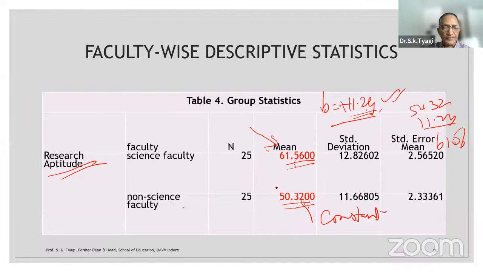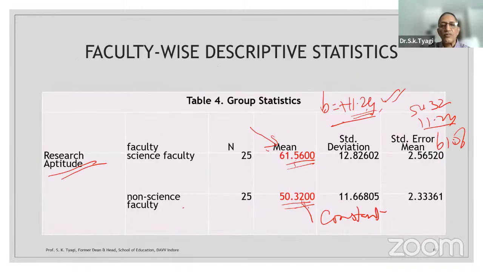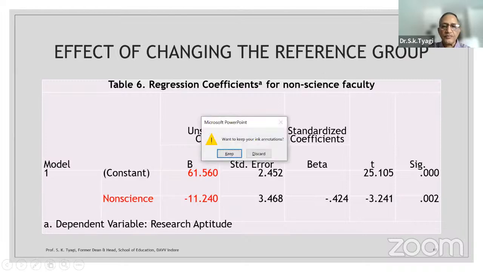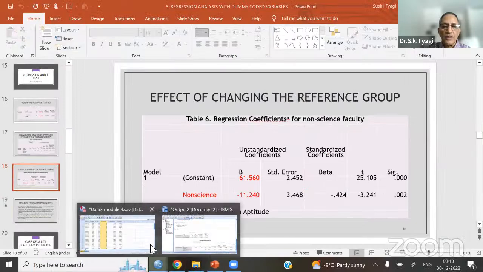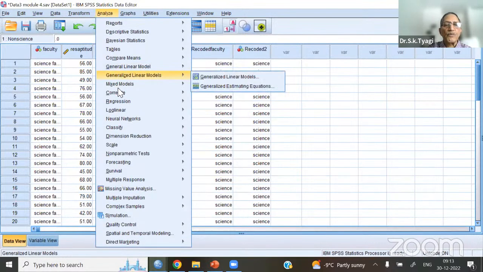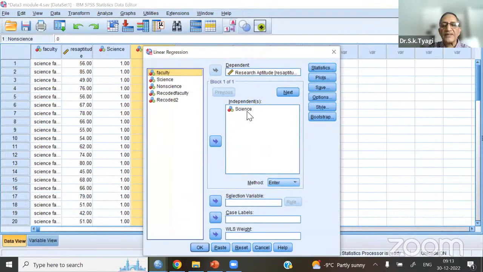So we get confidence that we have correctly interpreted this. Now this is the effect of change of reference value. If you change the reference group, what I do in regression analysis is, instead of entering science as predictor, I enter non-science as predictor.